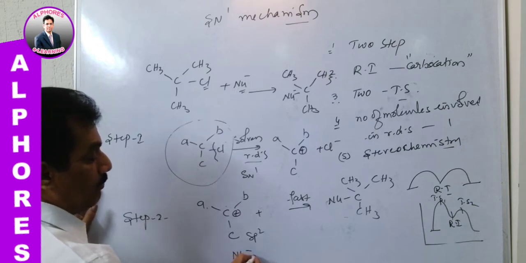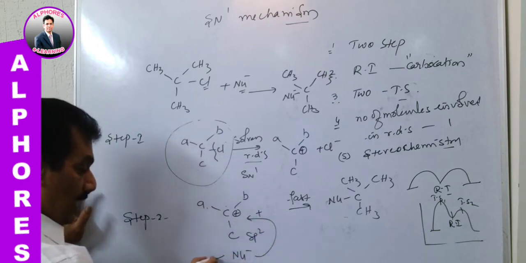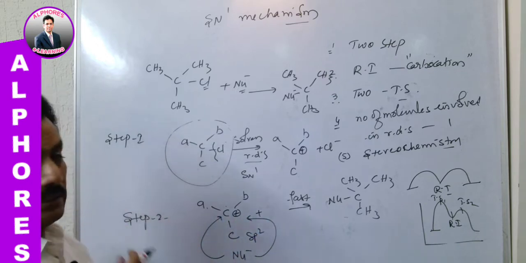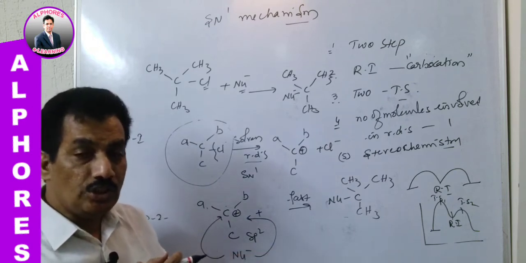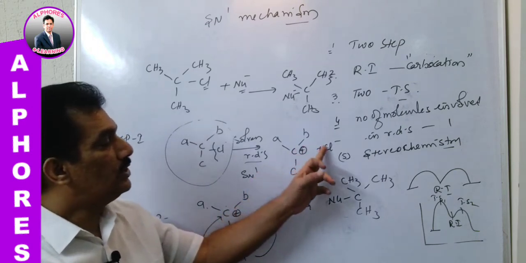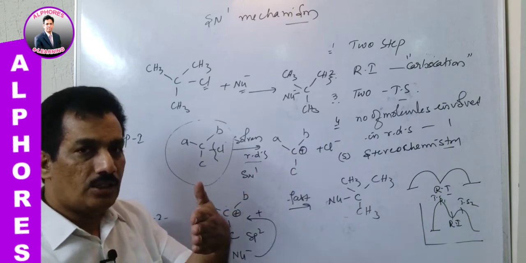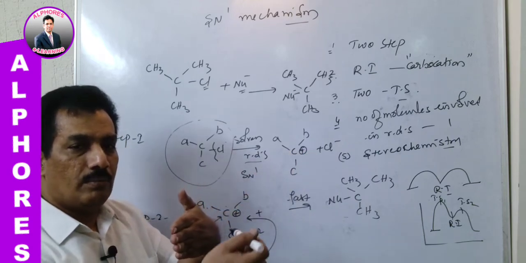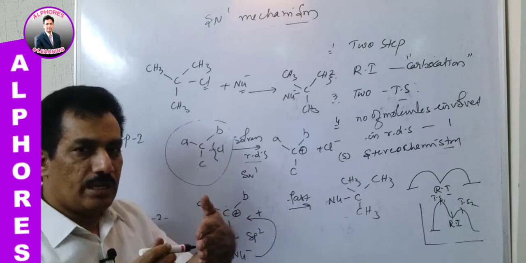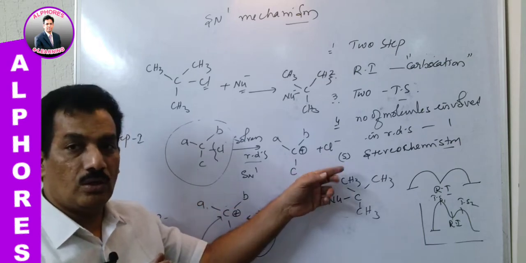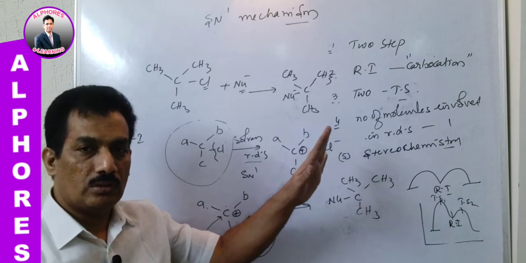It can attack from the front side as well as from the rear side, that is, the back side. Equal possibilities in general, because once this Cl is going out, this is now becoming planar, and in this planar condition, this incoming nucleophile can come from the back side or from the same side where the existing nucleophile is going out. Clear?